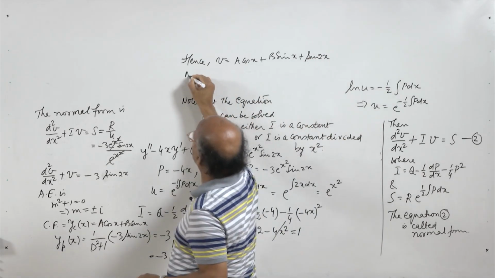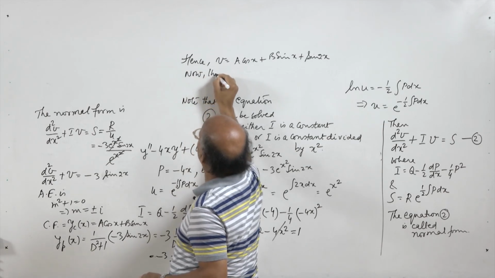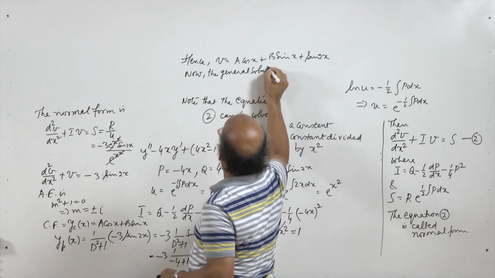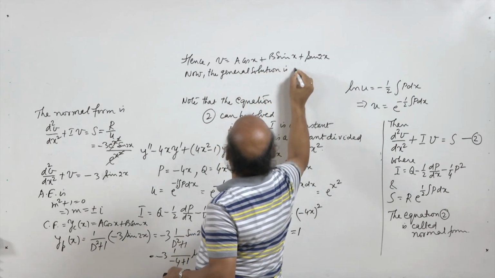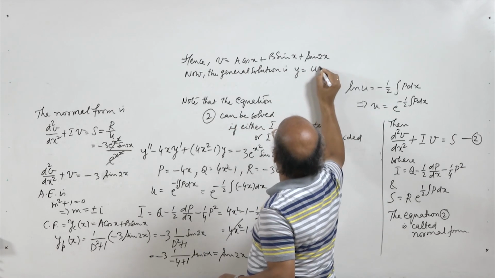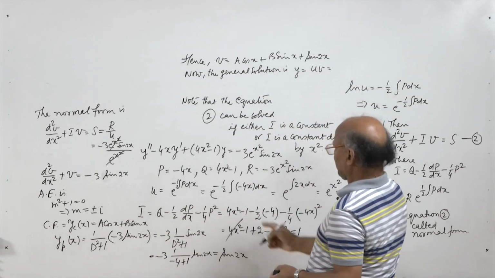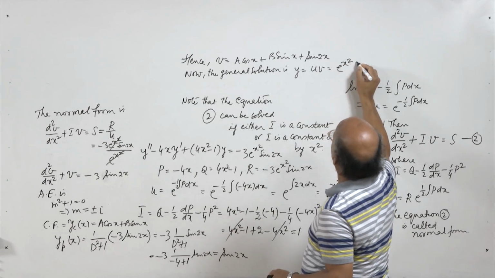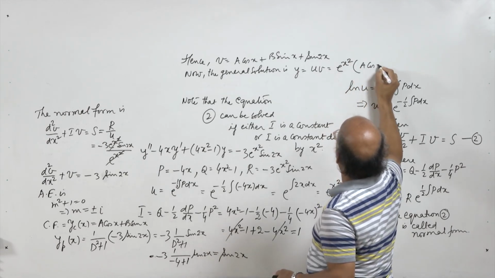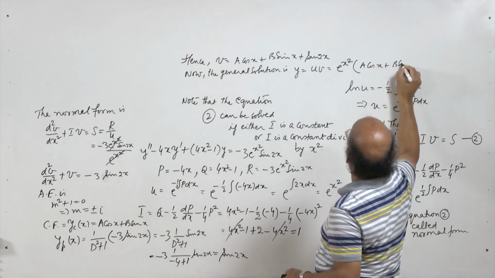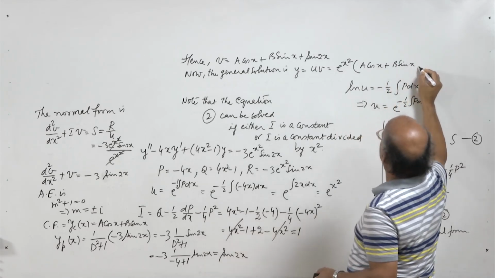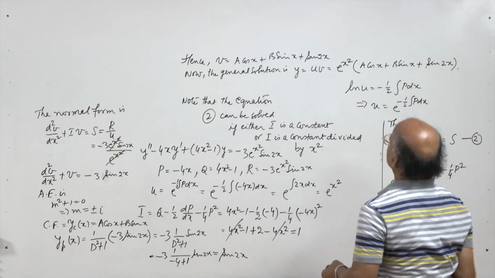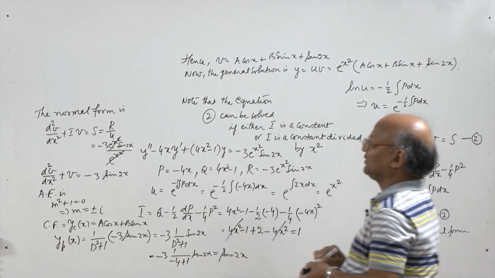Now, the general solution is y equal to u into v, where u is e to the power x squared. So, y equals e to the power x squared into A cos x plus B sin x plus sin 2x. So, this is the general solution in the case of example 1.